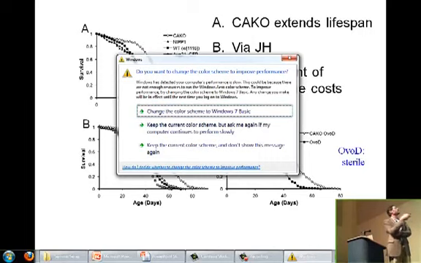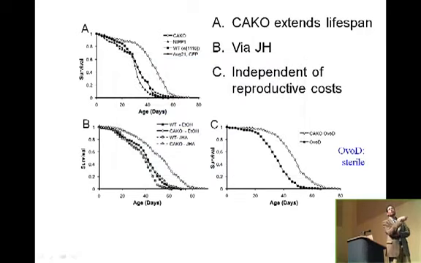It's juvenile hormone dependent because if we treat the CAKO fly with methoprene, it drops the survivorship back towards the controls. Ethanol does nothing. So here's the CAKO fly with ethanol, it's long-lived. Here's the CAKO fly with methoprene, it's like a wild-type fly. So taking away JH is sufficient to extend lifespan in Drosophila.